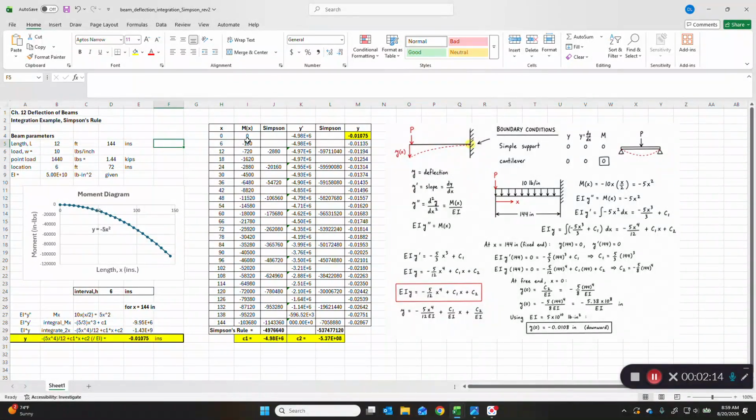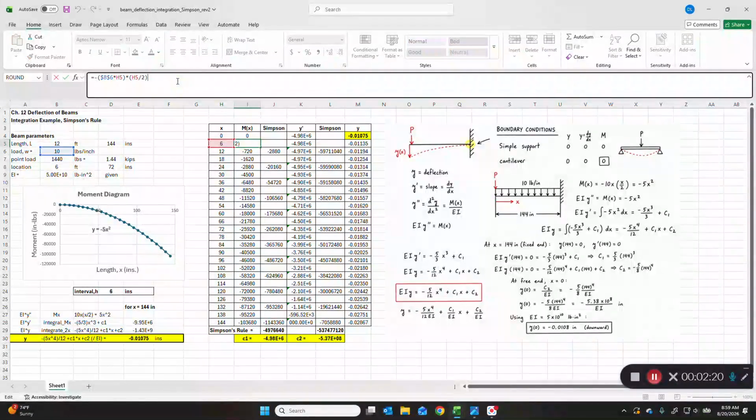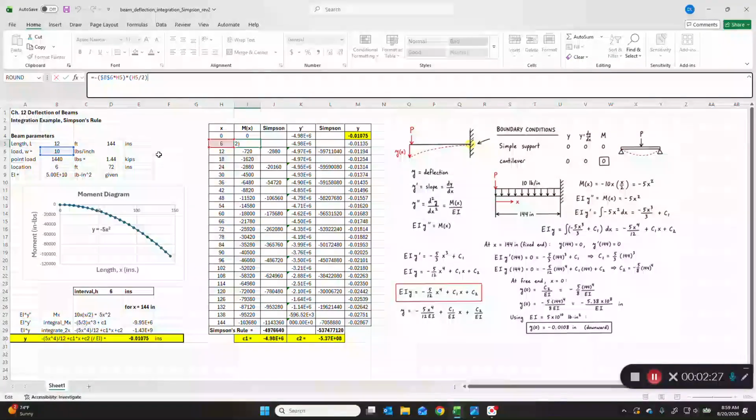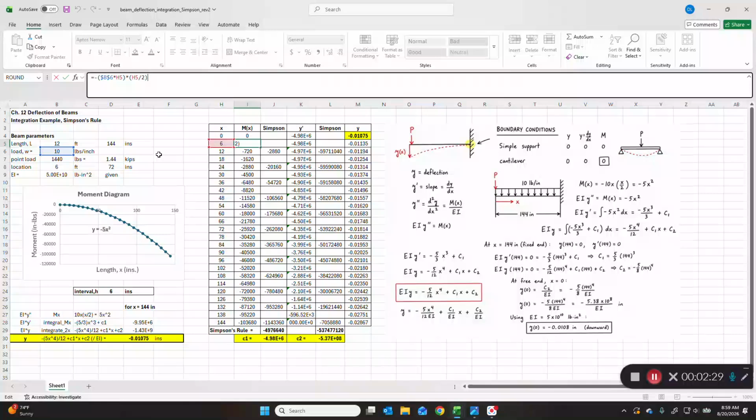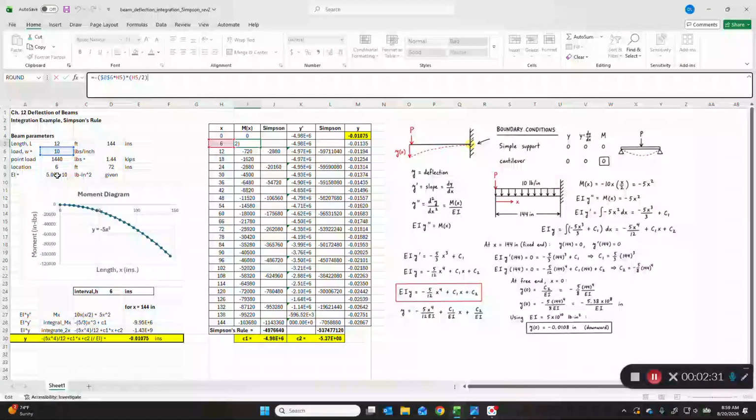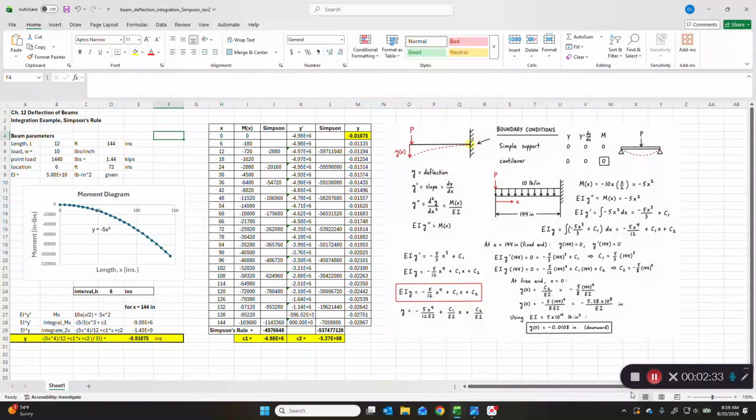So the distance across the beam is L, and the load here we're multiplying everything by, in this case, is 1/2 of the load because it's a distributed load, right? And we're also multiplying by B6, which is the point load here. So our moment diagram looks like this, and if we fit a curve to that function, it's y equals minus 5x squared.